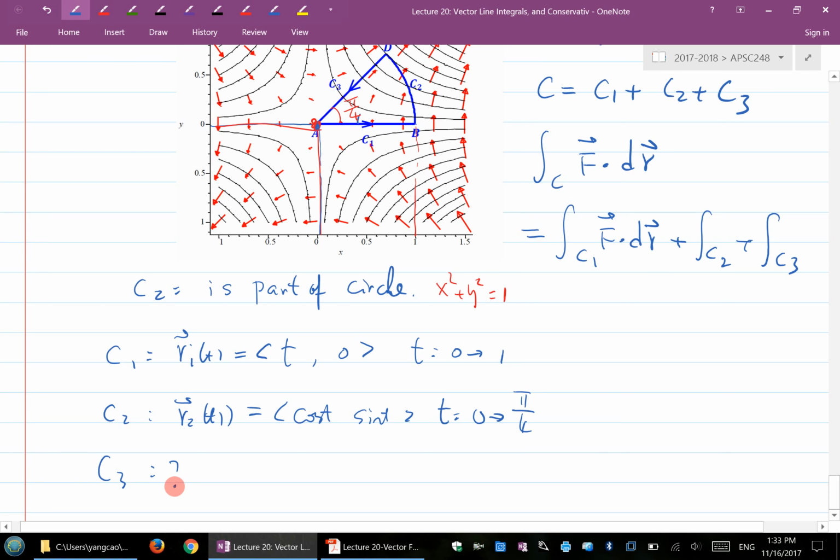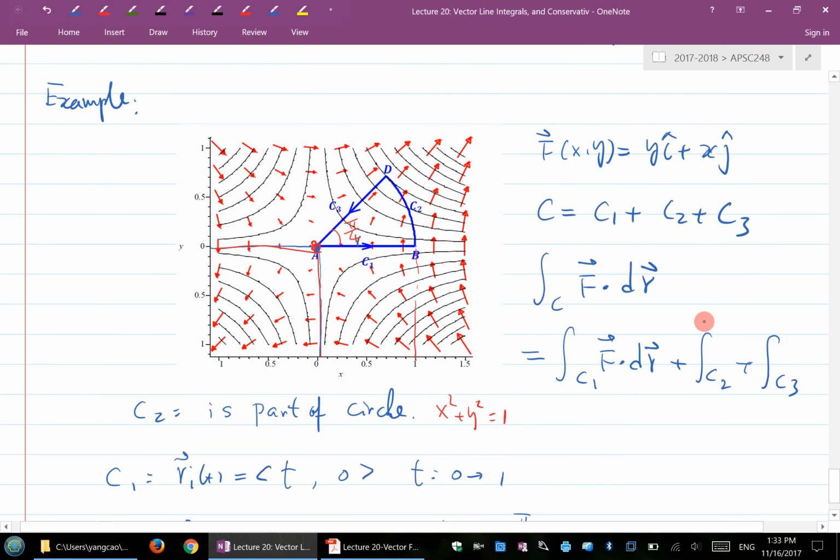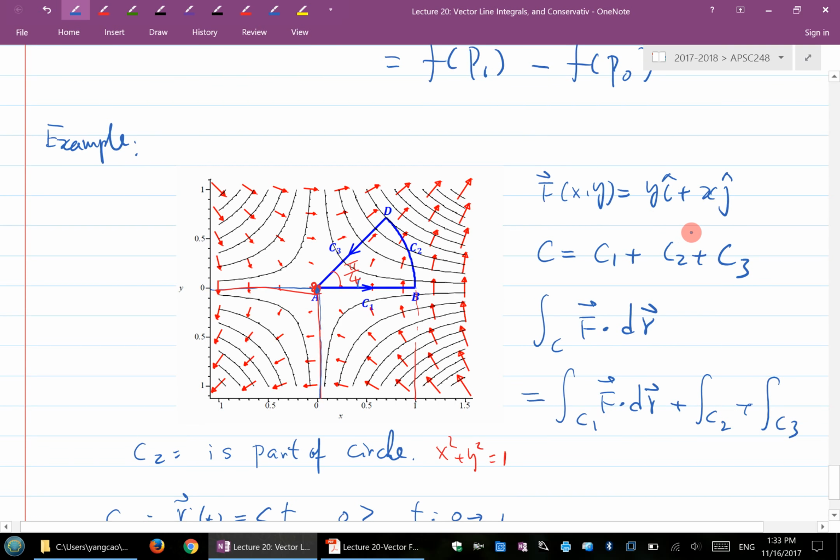This is the approach you use when you don't know what type of field this F is, because I didn't tell you what it is. Is it a special vector field? It didn't tell you, right? And you actually cannot identify it right away just by looking at this vector function.